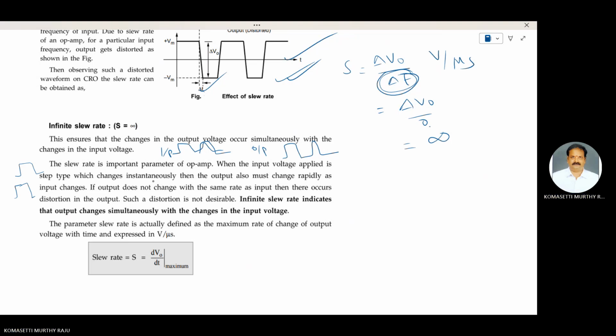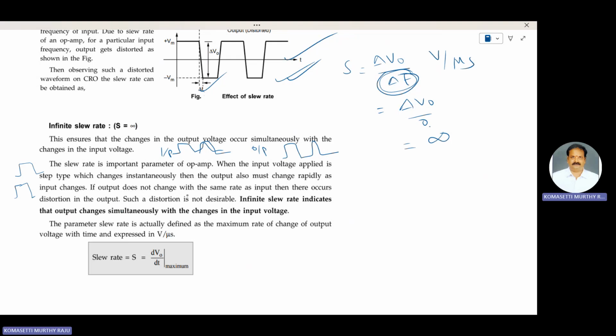That means the input waveform frequency changes. Then the output must also change rapidly as the input changes. That means the output waveform shape is the same as the input waveform shape.